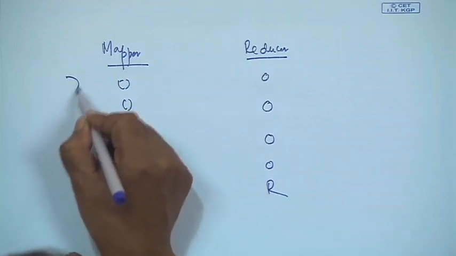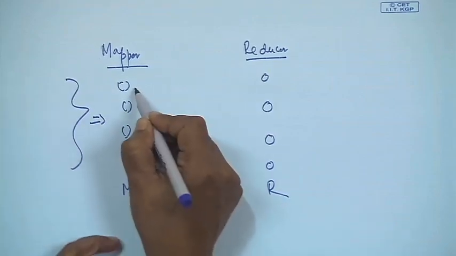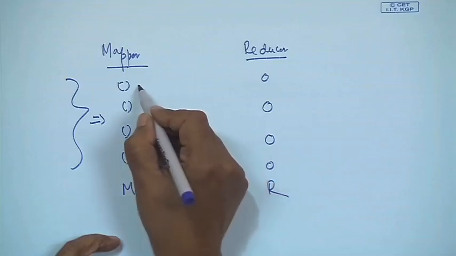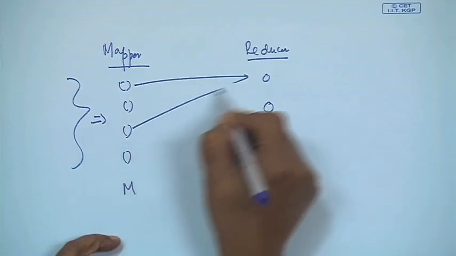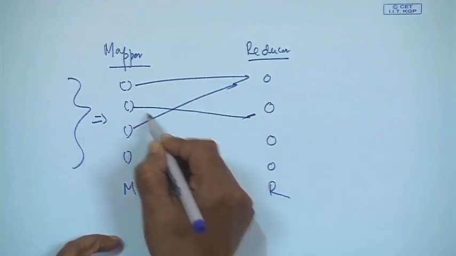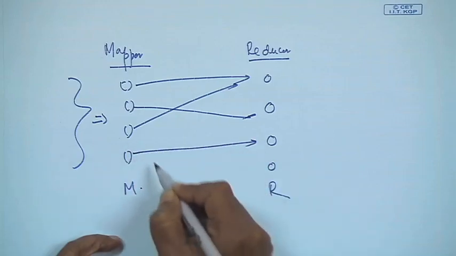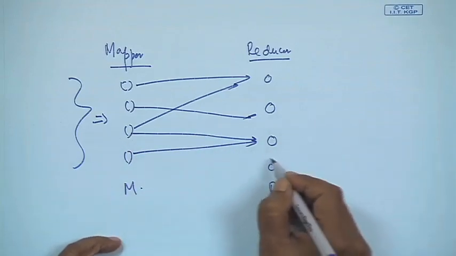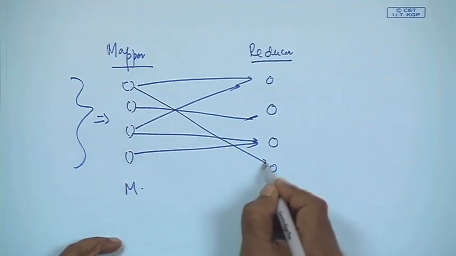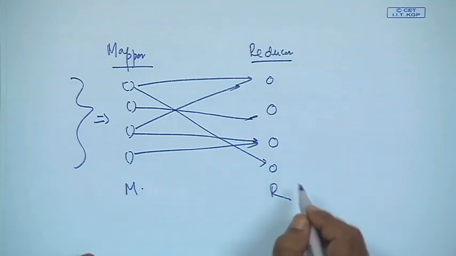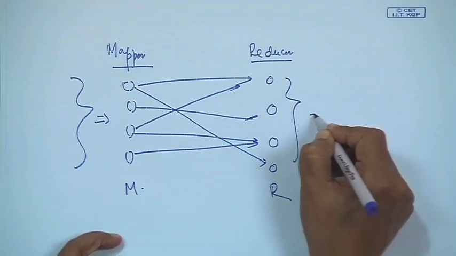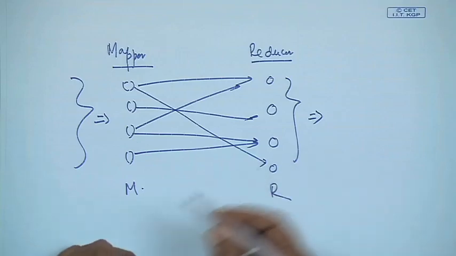When the data comes here, the mappers do some execution, and then the reducer, based on the type of problem, goes on to do different reduce operations. The reducer generates more of an aggregated result, right.